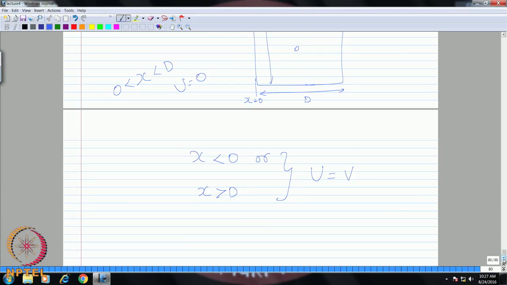So, let us first write down the equation for x greater than 0 and less than d. In this case, the spatial equation, the ODE, will be d square psi by dx square minus E psi equal to 0, because U equal to 0.